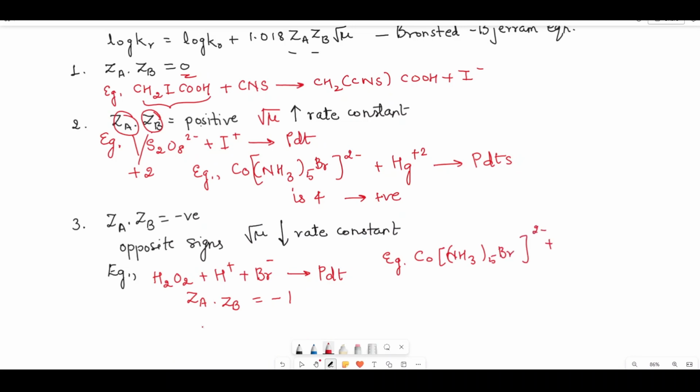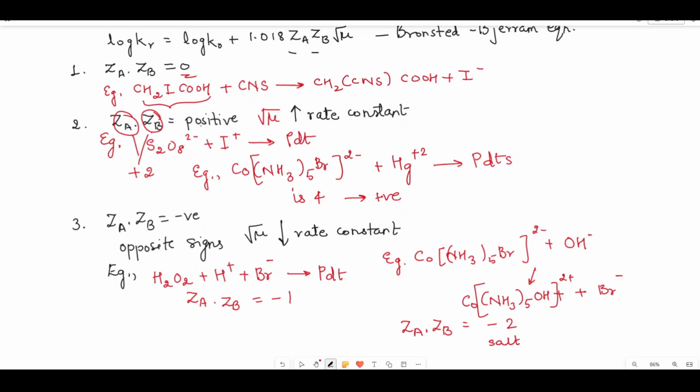When it reacts with OH minus ions, so here again you can see ZA ZB is minus 2. Hence, here the salt effect is negative.